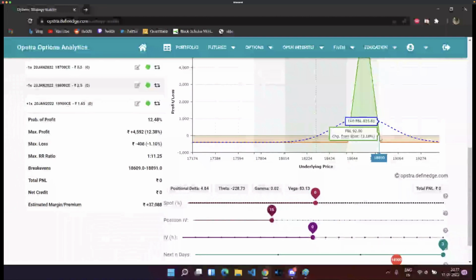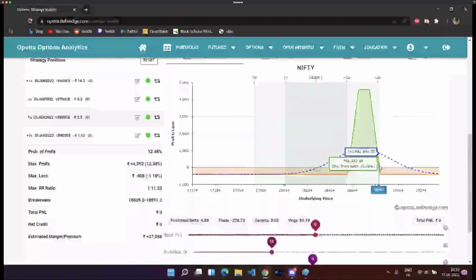You can exit and make a different butterfly, right? You can exit at that moment and make a butterfly which will start at 900 and go till 19,000. Or you can make a butterfly which will start at 17,800 and have profit till 18,000, something like that.